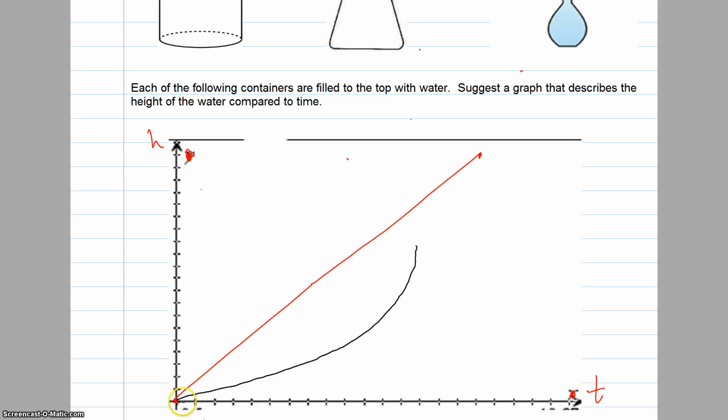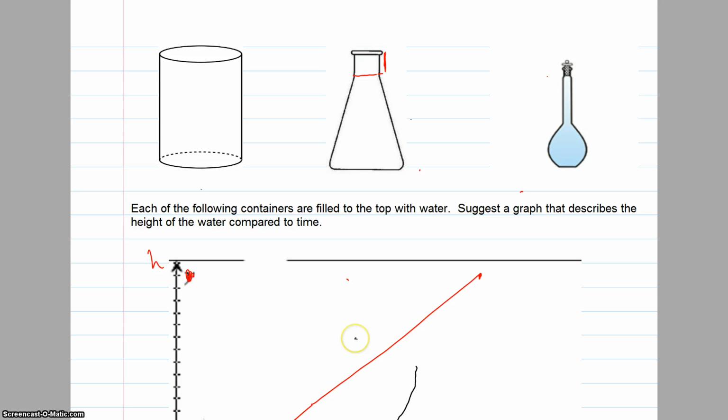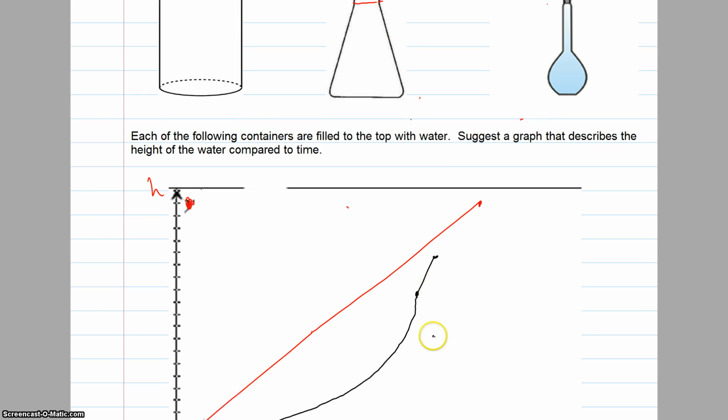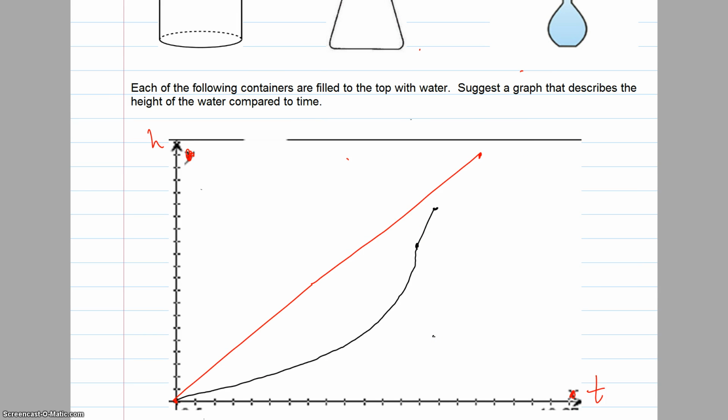The height starts off fairly slow, a gradual increase, but then it gets to a point where all of a sudden the height is increasing really quickly, and then it's at a constant rate again. So that part there is straight, whereas that part there is a little bit curved. Again, all I'm asking you to do is identify what's going on. You don't really need to know a lot about the curved lines in Year 9 anyway.